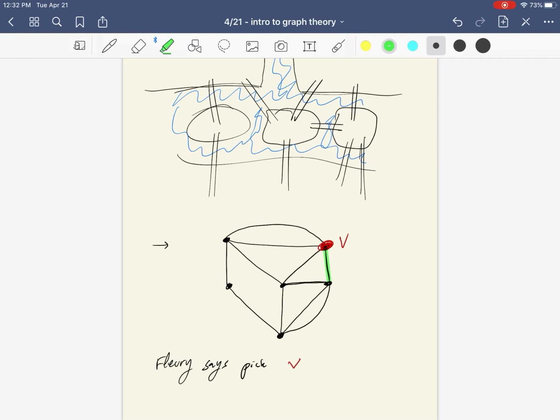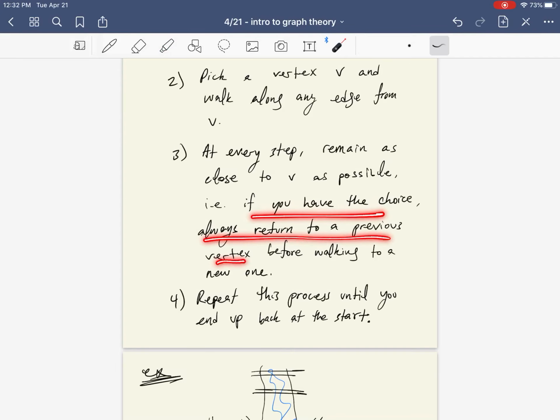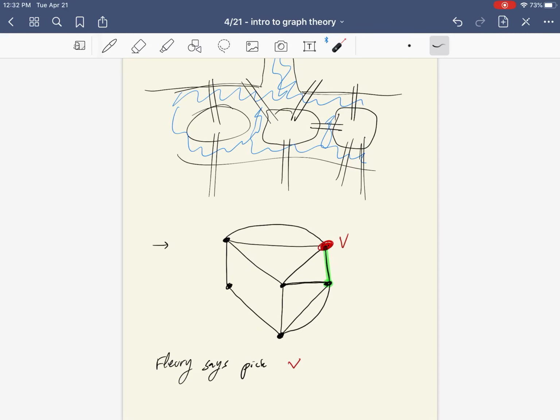Okay, so now that I've gotten here, what can I do? Well, Fleury says, if I have the chance to go back to a vertex I've already seen, if you have the choice, return to a previous vertex. Otherwise, walk to a new one. Okay, so do I have the choice of walking back to V?